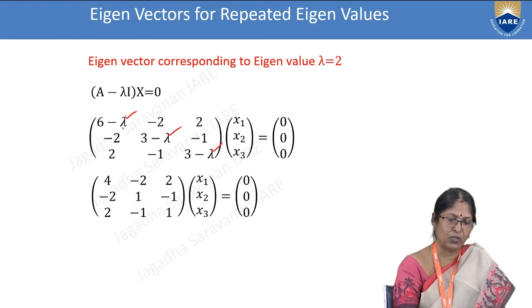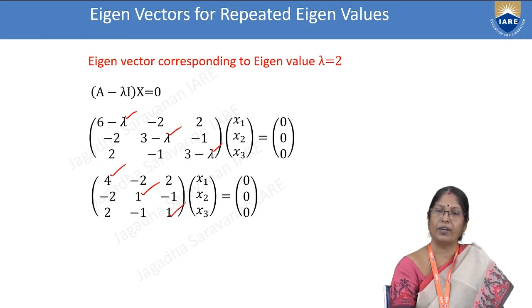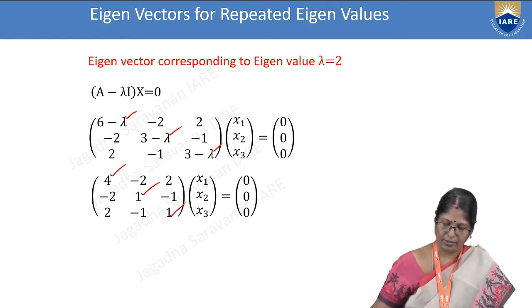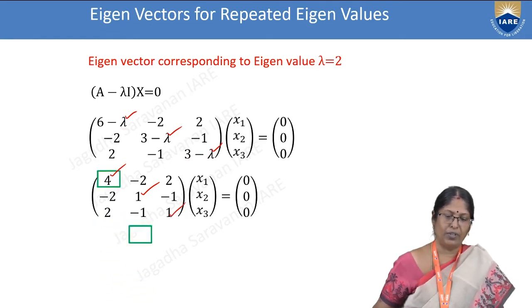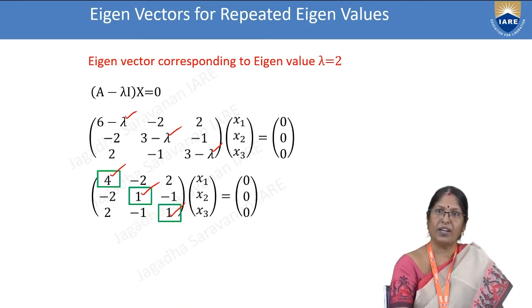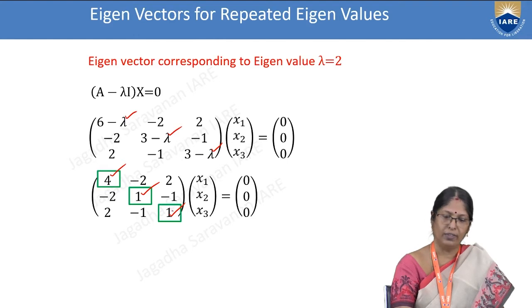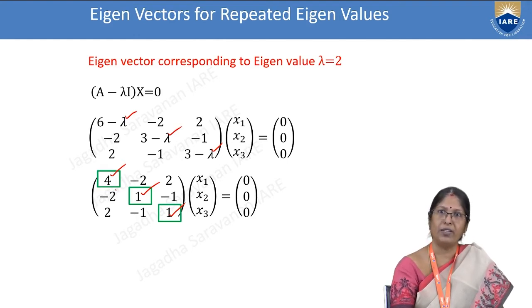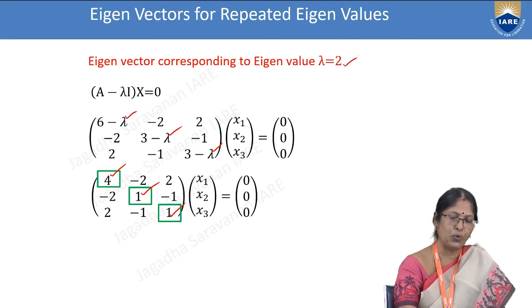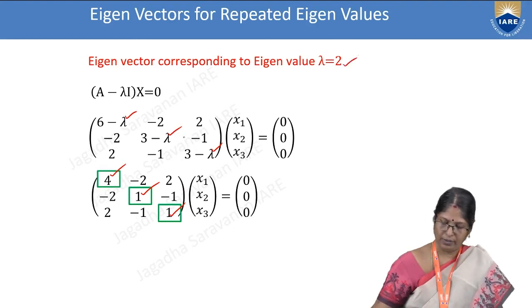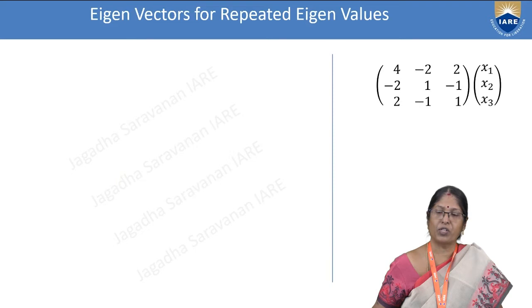So 6 minus 2, 4. 3 minus 2, 1. Remaining are as written. So 4, 1, 1. These elements we got when lambda equal to 2 is substituted. So this is the matrix we got.